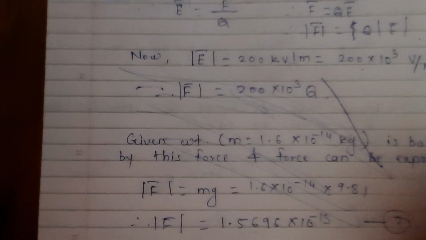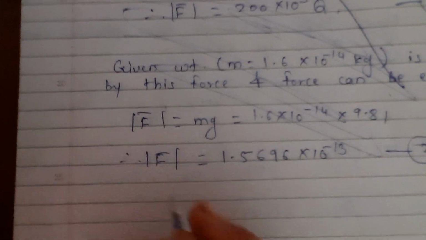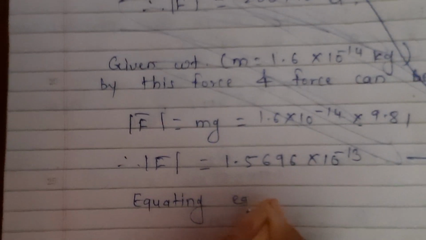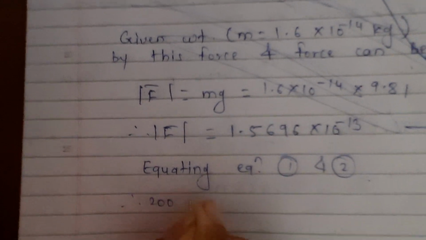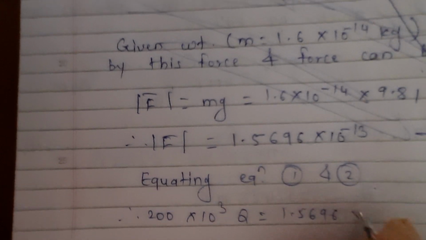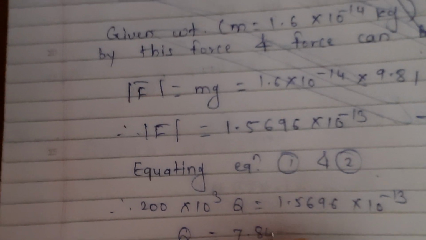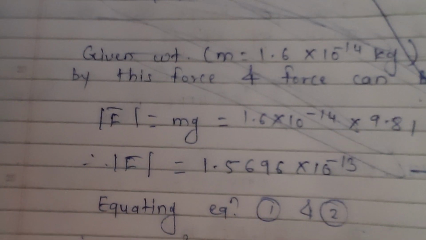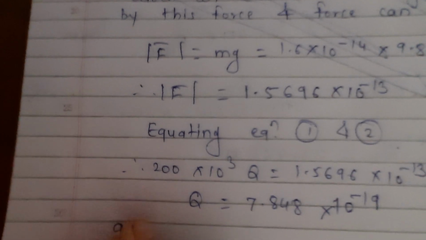This is equation 2 and this is equation 1. Now we equate equation 1 and 2. So 200 into 10 raised to 3 Q is equal to 1.5696 into 10 raised to minus 13. So Q is equal to 7.848 into 10 raised to minus 19.